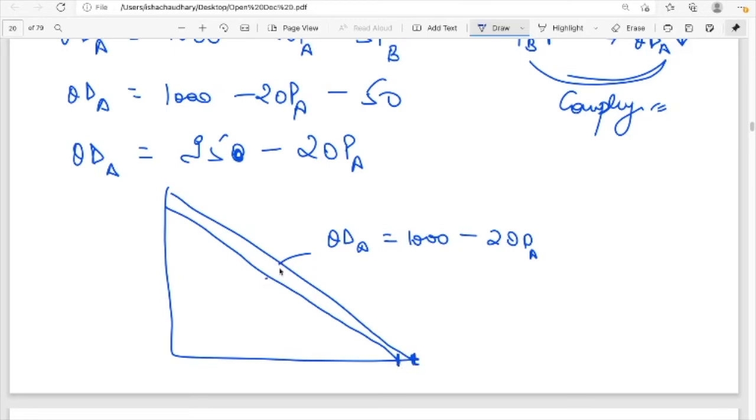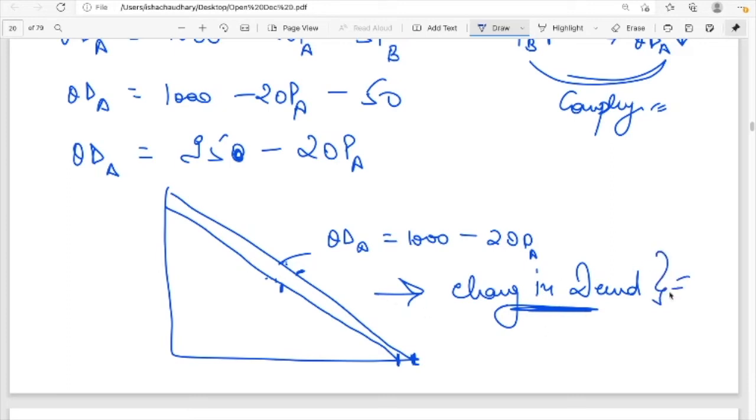I shifted my demand curve. This was my previous demand curve and this is my current demand curve. This is called a change in demand. My maximum demand has changed from 1000 units to 950. Now the maximum anybody could demand is 950 quantities, and that too at a price of 0. This is called a change in demand.